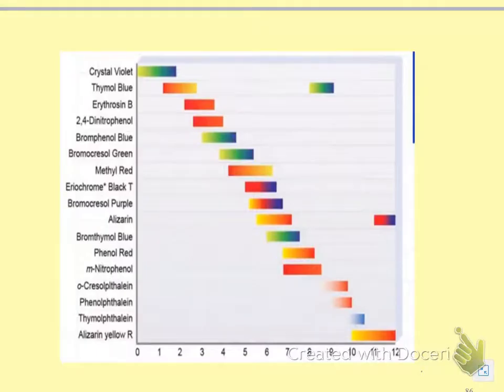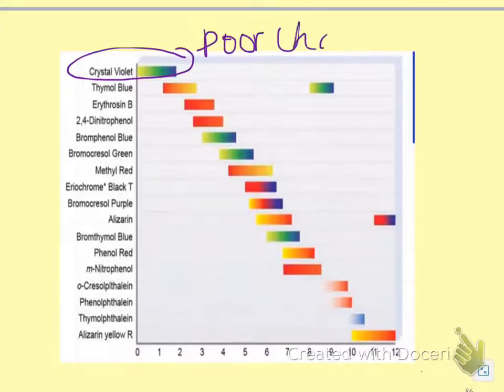So you've got lots to consider. If you were taking, for instance, a weak acid with a strong base, crystal violet here would be a poor choice, because it is going to change from yellow to blue down here at a pH between 1 and 2, which is way before your equivalence point on a weak acid strong base, because that's going to be an endpoint that's greater than 7.